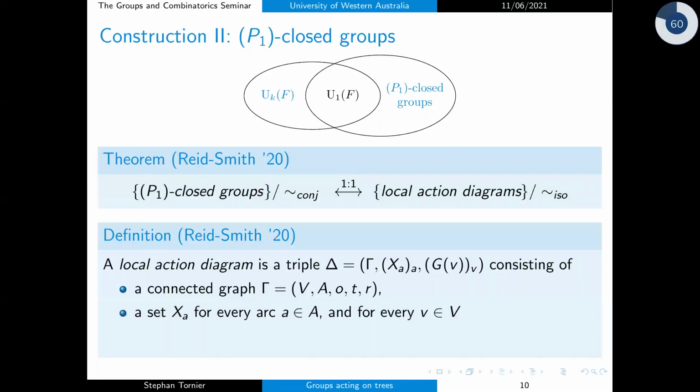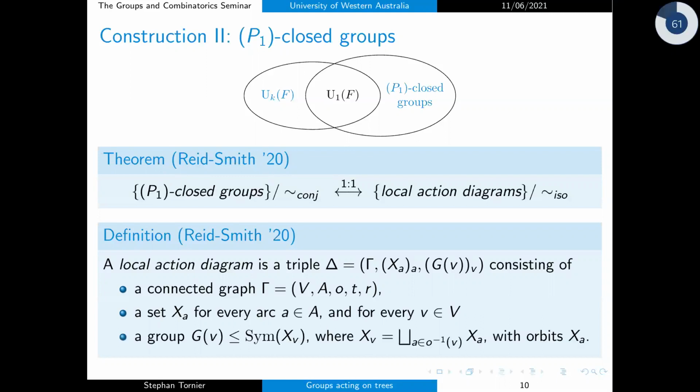And then what else do I have? I have these sets X_A. Every arc comes with a set associated to it. Think of the arc as being labeled by a set. And for every vertex, I have a permutation group, and it acts on the union of all the sets coming from arcs that come out of that vertex. So I take all the arcs coming out of that vertex, take their sets all together.